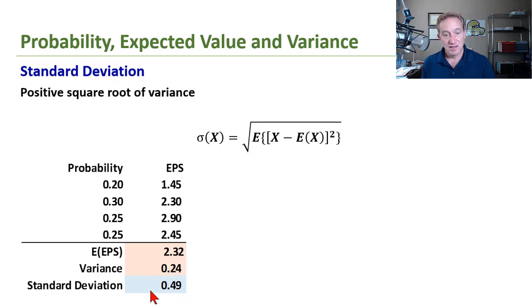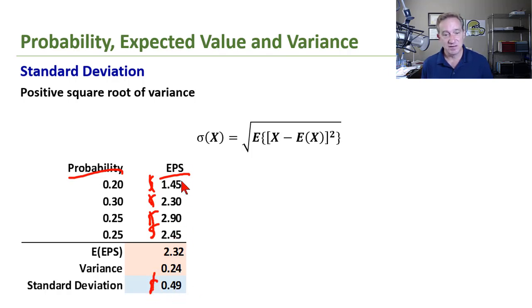And so why is the standard deviation so helpful? Well, I forgot these lines here, but these EPS are in dollars, right? $1.45, $2.30, $2.90. What's the variance? Well, it's dollars squared, 0.24, not immediately useful to us, or intuitive to us, I should say. But the standard deviation of 49, that's just in dollars.